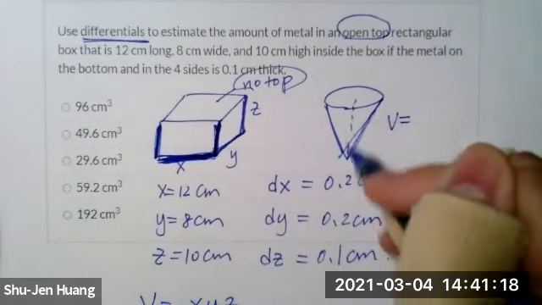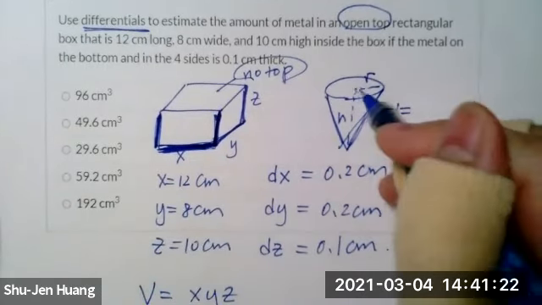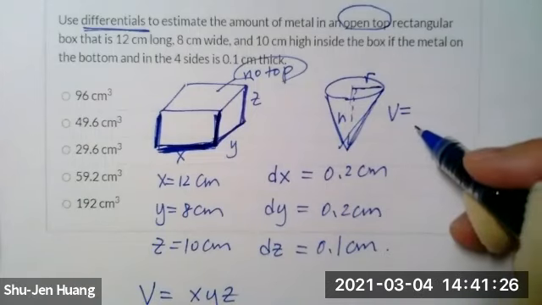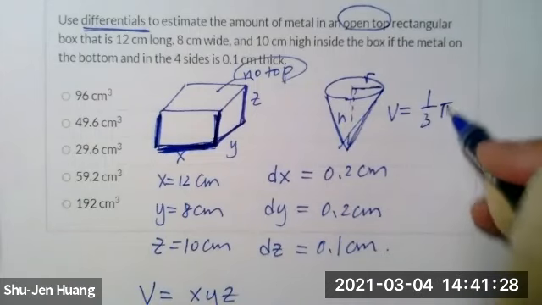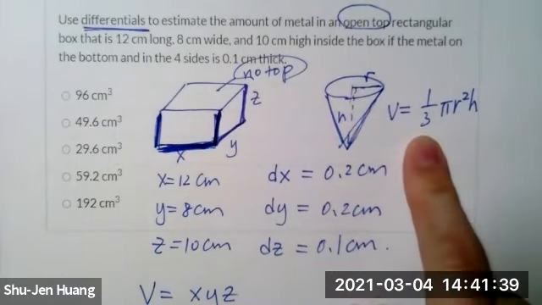If the height is h and the radius across the top is r, what's the volume? 1/3 pi r squared h. Okay, so for the cone it is 1/3 pi r squared times h, and for the cylinder, you don't need the fraction 1/3, it is pi r squared times h.